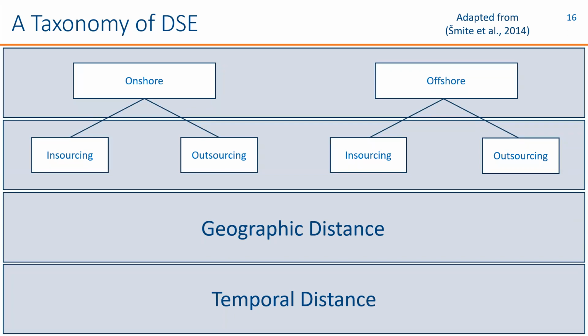These sourcing strategies can exist within a team or within a project. For example, onshore insourcing could involve a team made up of engineers who work for the same company, but in different parts of the country. It could also involve a project made up of teams based in different offices throughout the country.